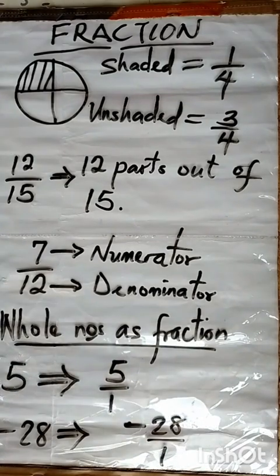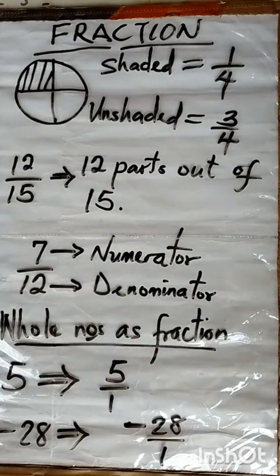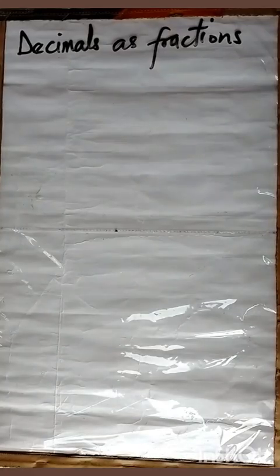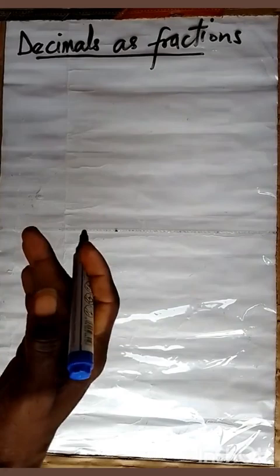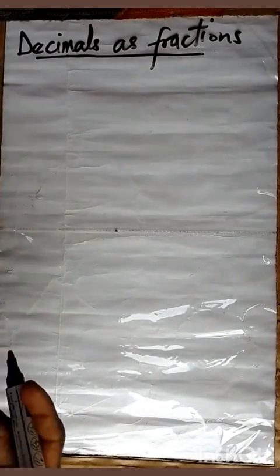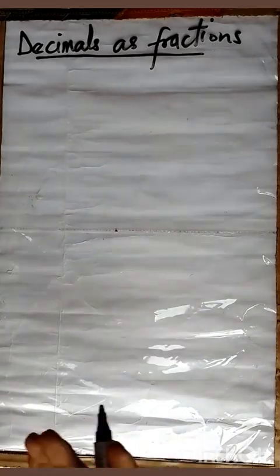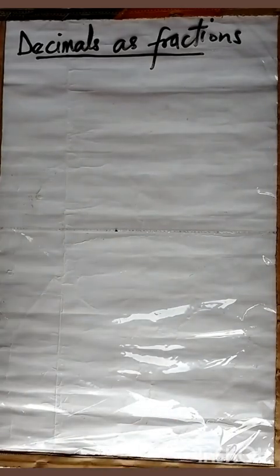Next, we want to see decimals and percentages as fractions. I said we're looking at decimals as fractions. Decimals are numbers with decimal points, say 2.5, 0.78, 3.124.